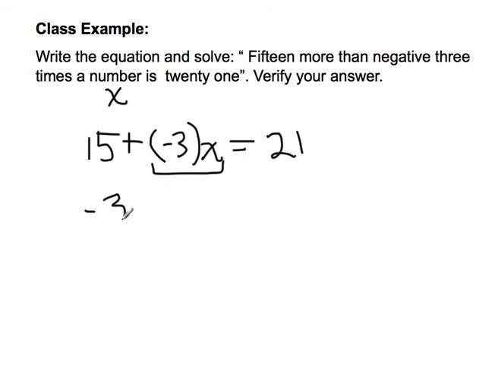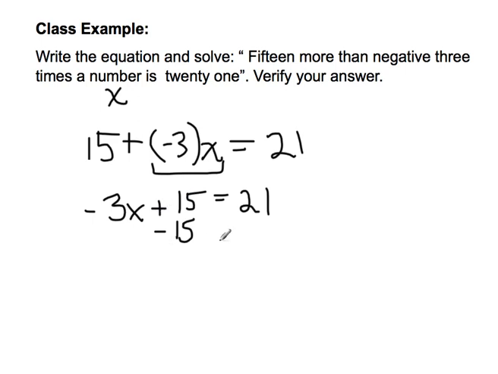So it doesn't matter if they come first or second, this still remains 3 red variable tiles. This is 15 yellow unit tiles. So I'm just going to reverse the order just so it looks a little bit cleaner. You can still do it like this. I just don't like these two signs together. Once it looks like this, it looks a little cleaner. You can see it pretty clearly.